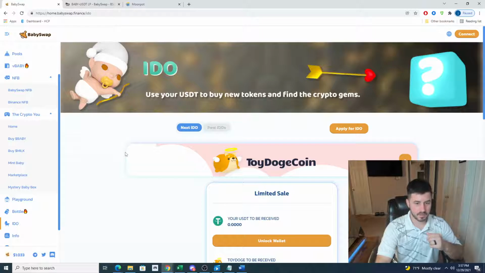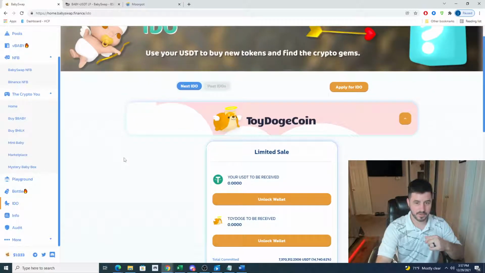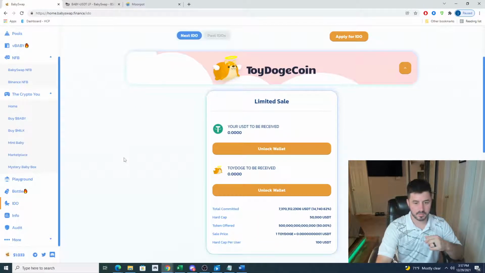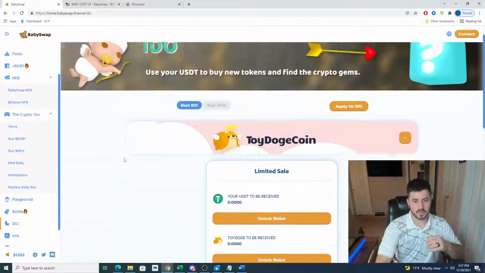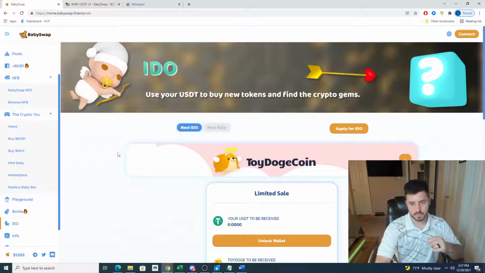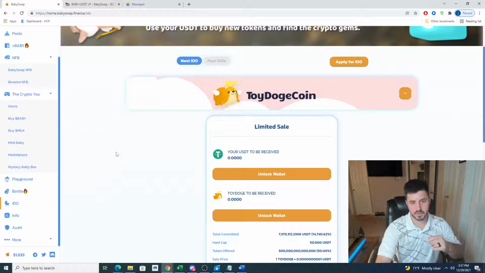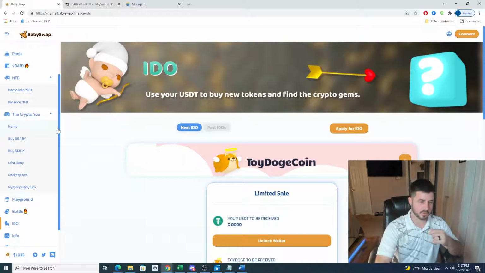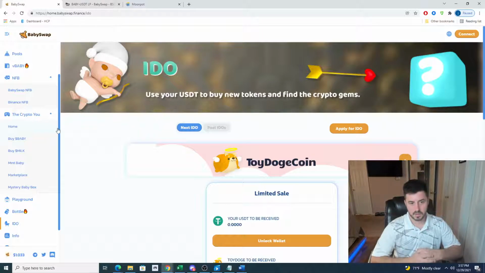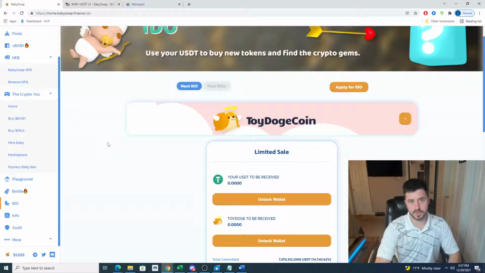IDOs. IDOs are initial DEX offerings, and they haven't done this in quite a while. And maybe because you may end up promoting a potential scam. So that's the concern, I would think. An initial DEX offering is when you're trying to raise funds to start a new project, and you can kind of do a pre-sale of the tokens that you have.